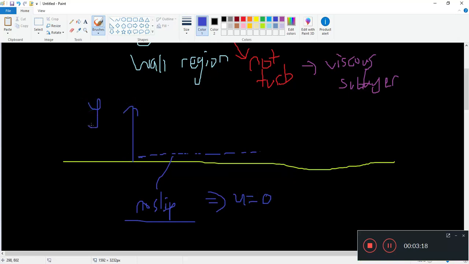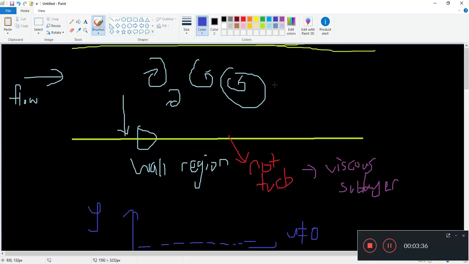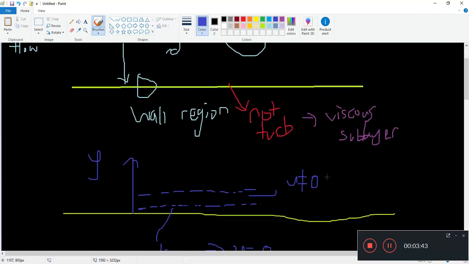Now let's say you have a coordinate y which represents the distance going away from the wall. In this next layer here, U will not be equal to 0, but it will be very much lower than, let's say, the U in the center. So I have a U center here, and this will be greater than the U near the wall.